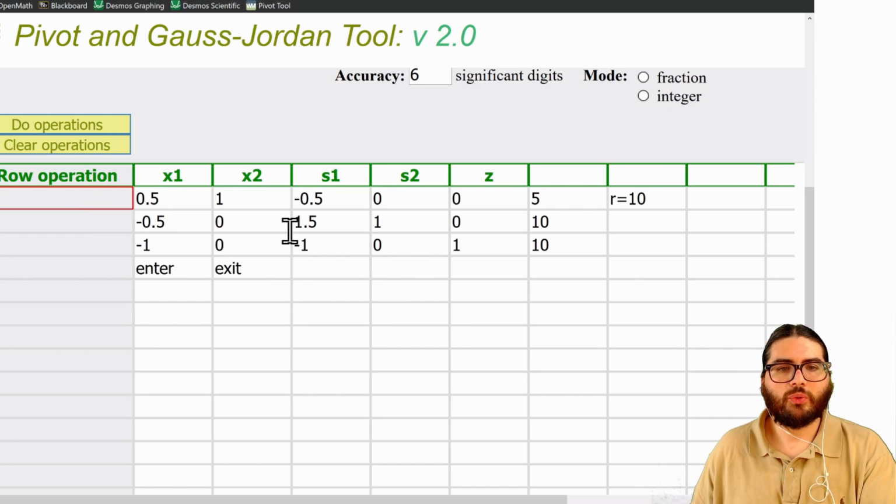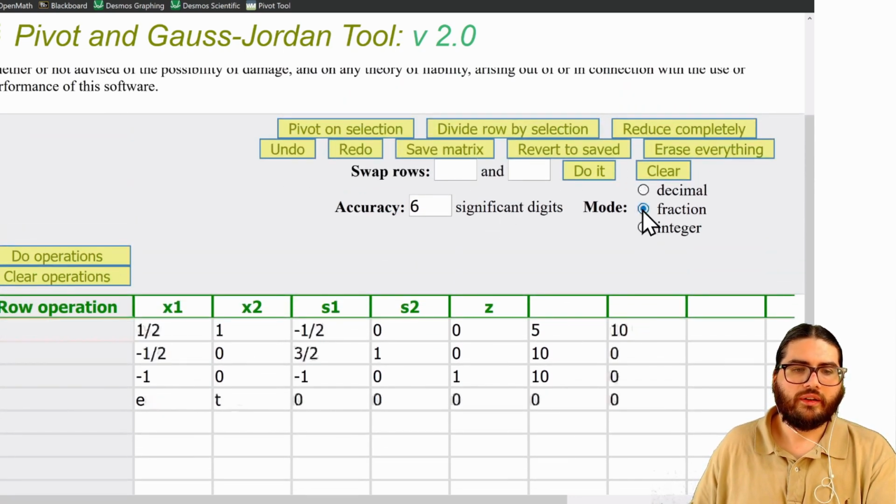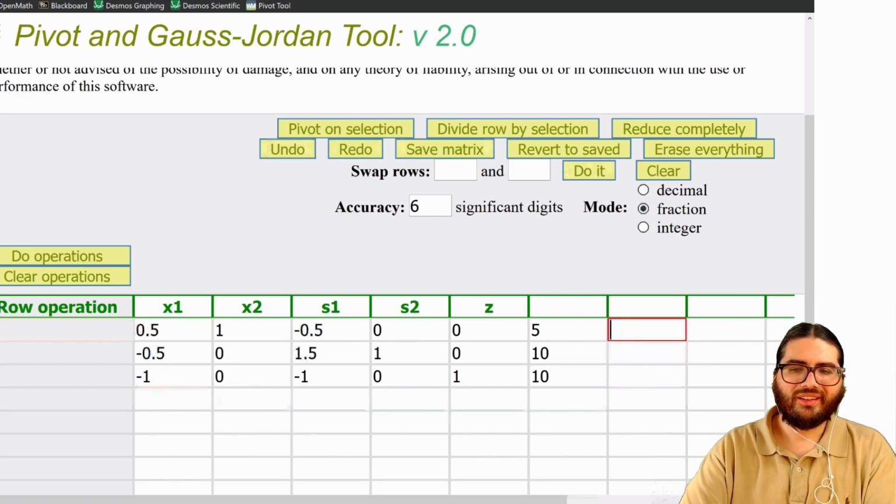To get rid of this 0.5, if you wanted to use a fraction, you certainly could. Remember that if you're doing fractions, a lot of times, excuse me, it freaked out a little bit because I had all the non-numbers typed in. There we go.